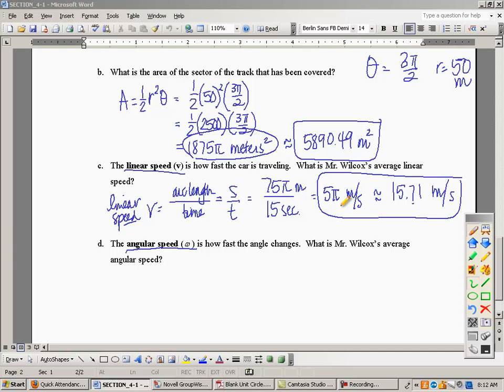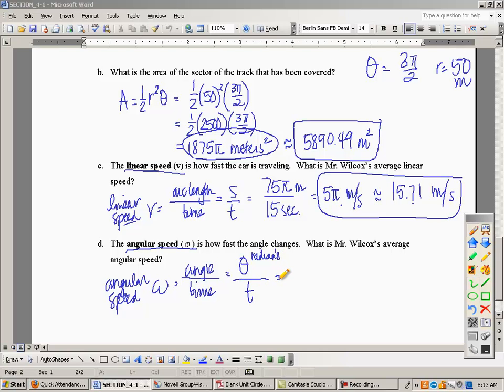An angular speed is slightly different, because an angular speed, which we call omega, it looks kind of like the infinity sign, but it's actually a W, is basically your angle divided by your time. So it's basically asking you, how quickly did you make the curve? I mean, how quickly did you turn? Now, our angle is theta, and don't forget, theta is in radians, divided by our time.